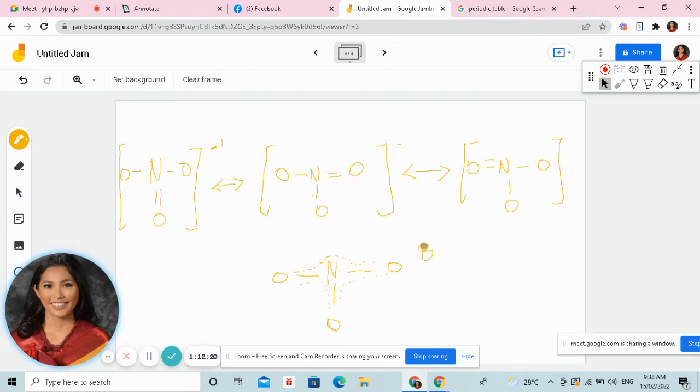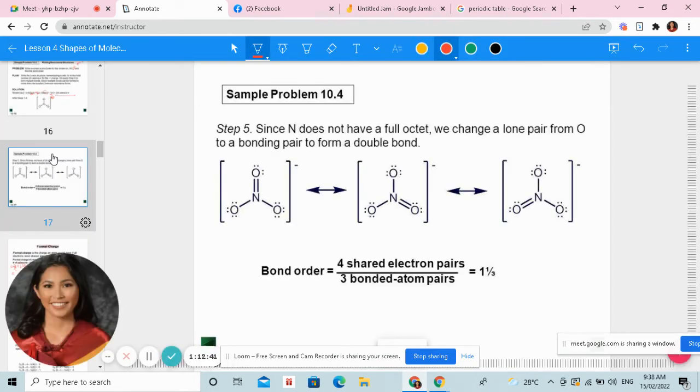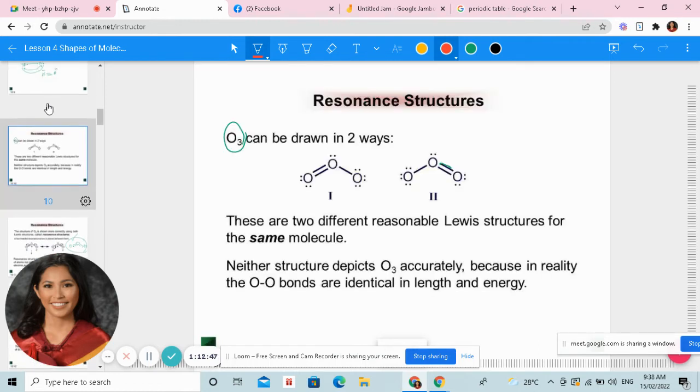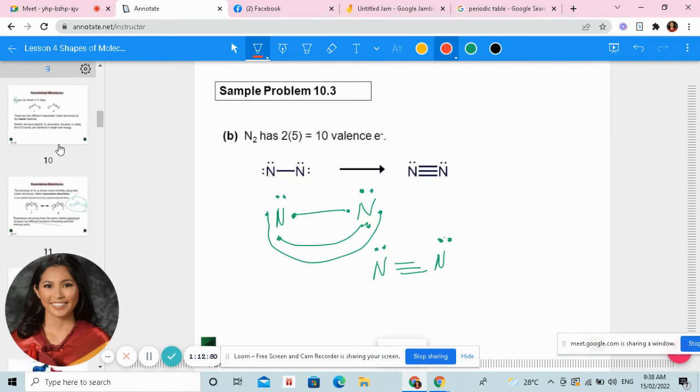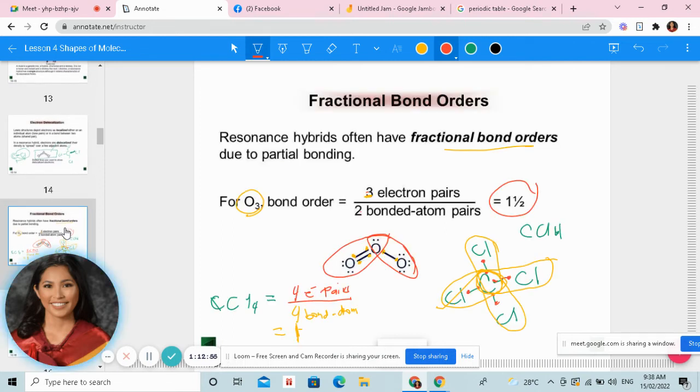Now let's calculate the bond order. We only need one structure for the bond order because they are all the same. The formula of bond order is electron pairs over bonded atom pairs.